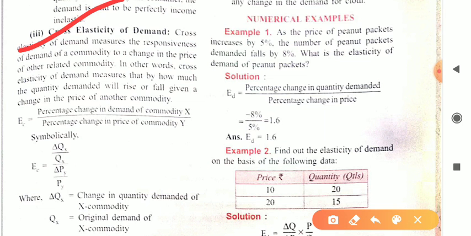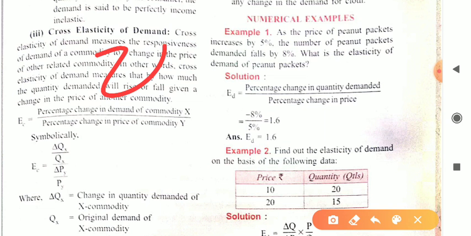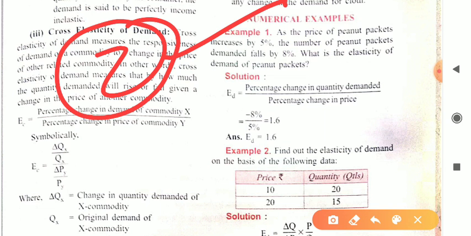Okay, student. So this cross elasticity of demand measures the responsiveness of demand of a commodity to a change in price of another related commodity. So always remember that in cross elasticity of demand you always have two goods. As in the case of substitute goods you have two goods, in the case of complementary goods you have two goods. So in cross elasticity of demand you will always study two goods.